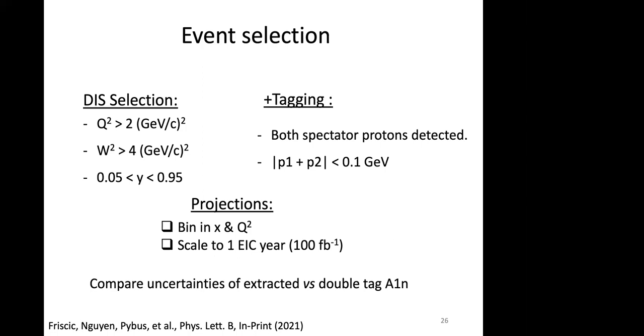After we select the two separate samples, the next step is to bin them in both x and Q squared. Then we scale them to the total luminosity of the EIC, which is 100 inverse femtobarn. In order to do the traditional extraction analysis, we need a model of A1 helium-3.